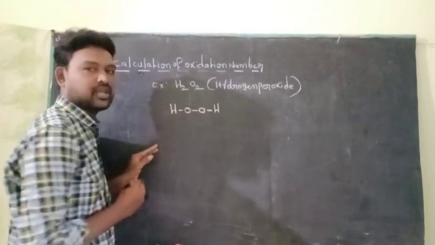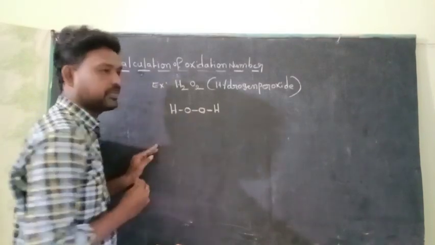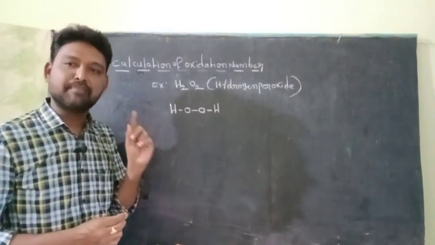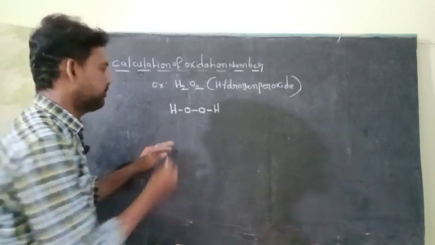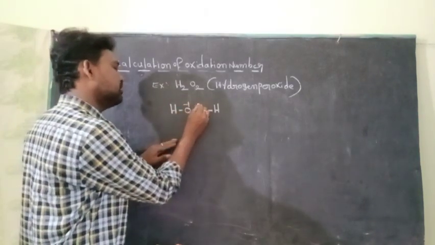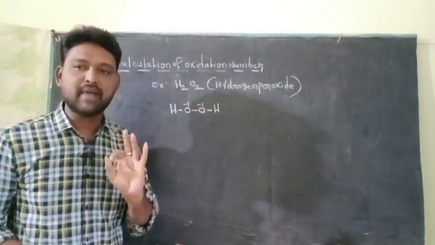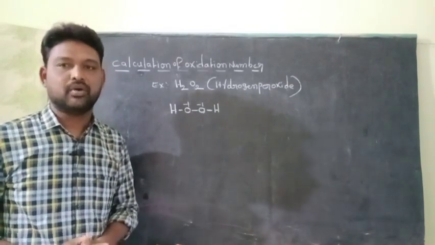These oxygen atoms are nothing but peroxygen atoms. So in a peroxygen atom, each oxygen has a -1 oxidation state, not -2.